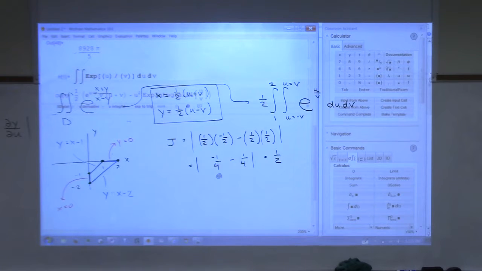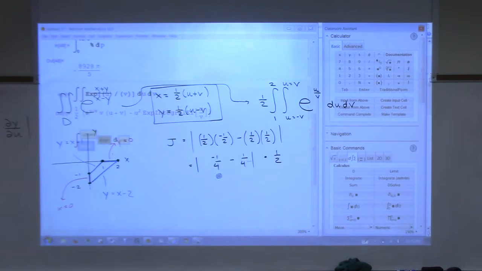Now if we put the bounds in, we're going to be fine. I didn't put the bounds on the other one, so I wanted it to be a fair fight. Okay, bounds 1 to 2, and then negative v to v.